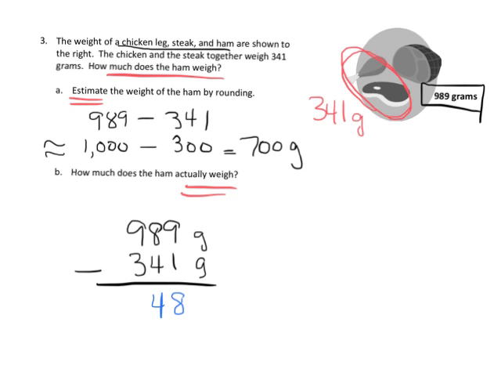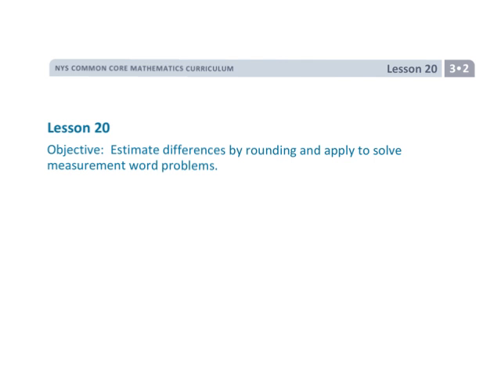And then we have 9 hundreds, take away 3 hundreds, and that gives us 6 hundreds. So our answer is 648 grams, which is pretty darn close to our estimation of 700 grams. And that is using estimation for subtraction word problems.